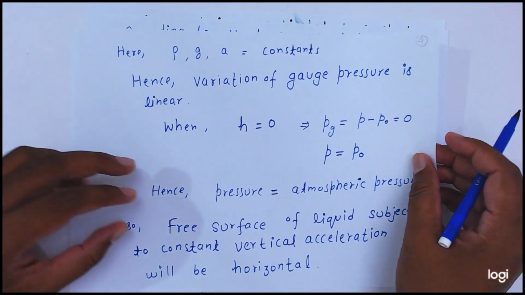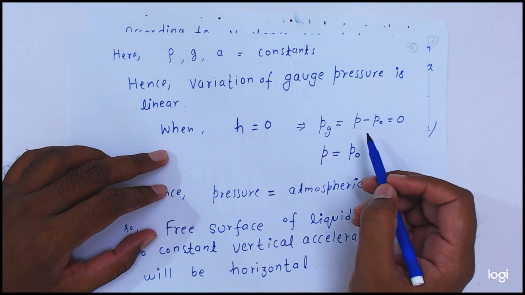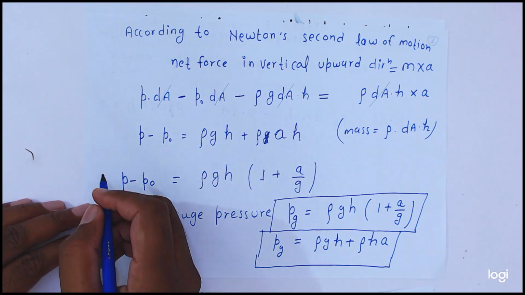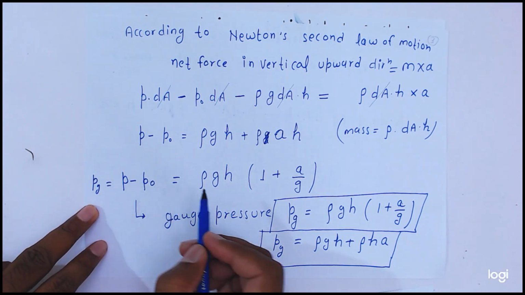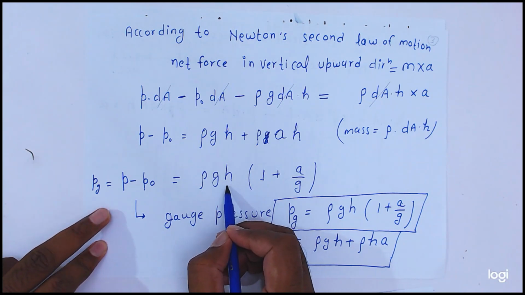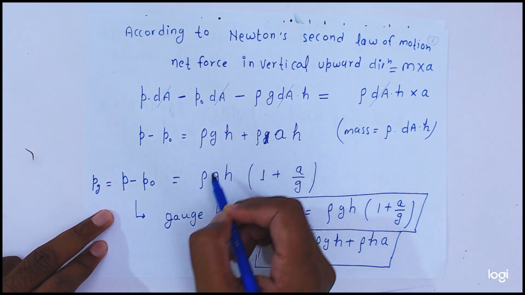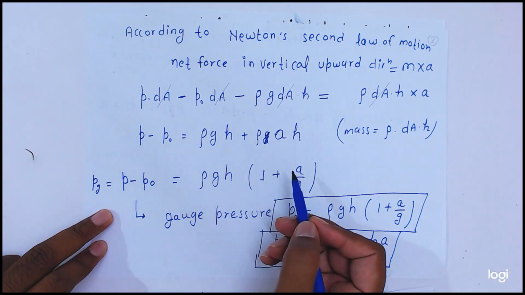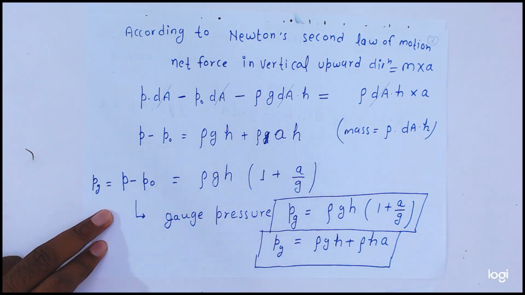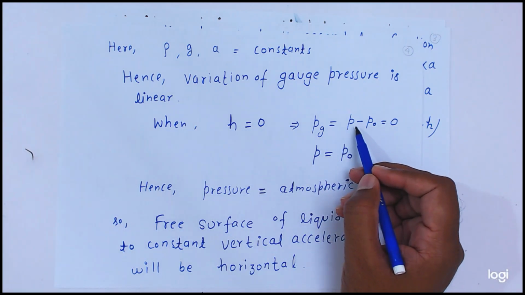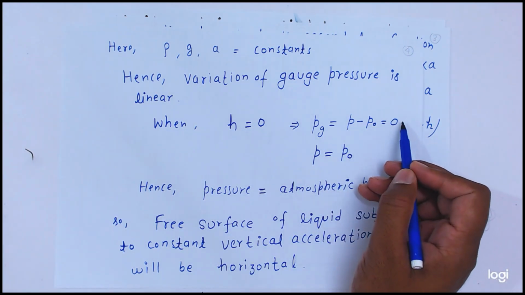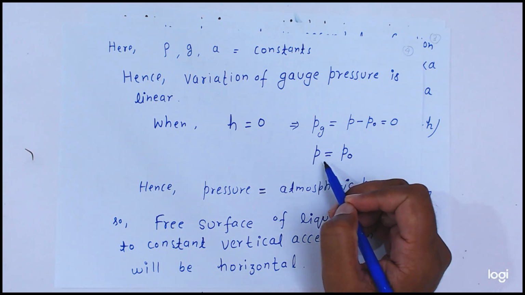And when h is equal to 0, this is the Pg. So when h is equal to 0, the whole term will be 0. So P minus P naught is equal to 0, or we can say P equals P naught. Getting it, friends? It means at the free surface, the pressure is the same, P is equal to P naught.